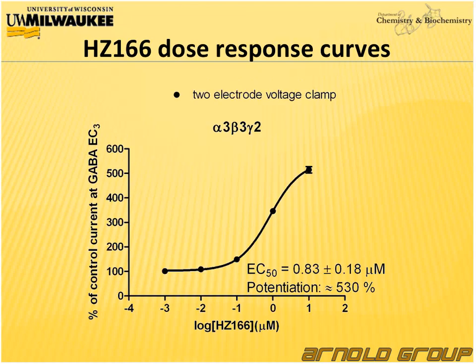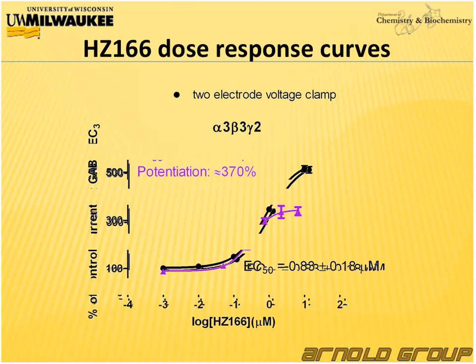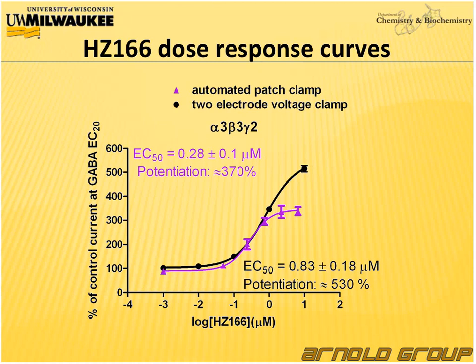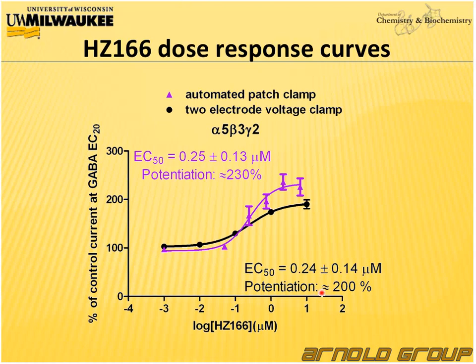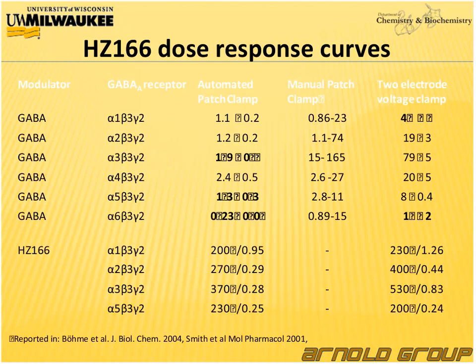Regarding the alpha 3, we also find an increased potentiation for the manual 2-electrode clamp assay, and for our automated patch clamp assay, we also find an increase in the potentiation. And last but not least, for the alpha 5, we found that both the manual 2-electrode voltage clamp as well as the automated patch clamp assay give very similar results.